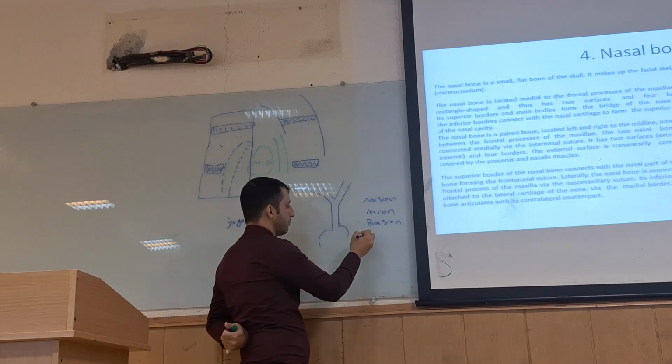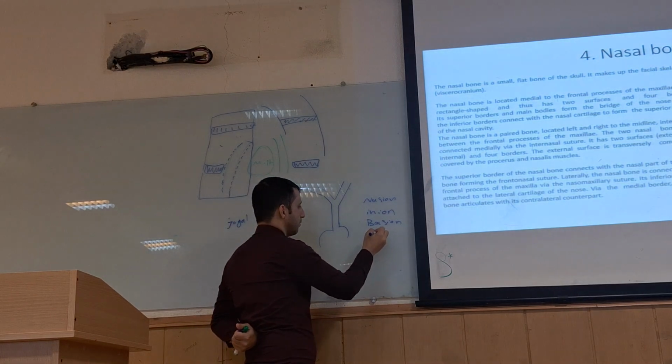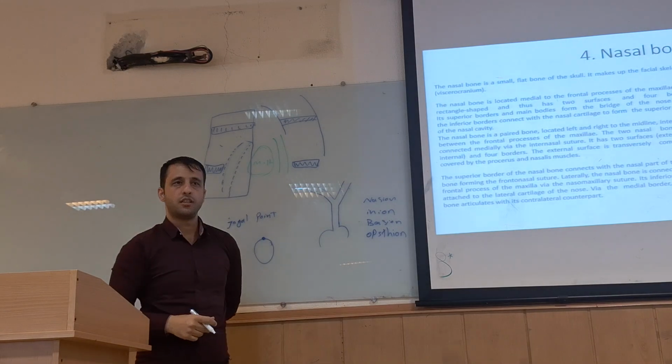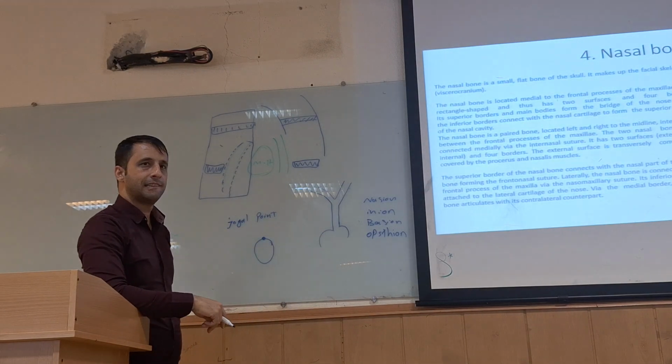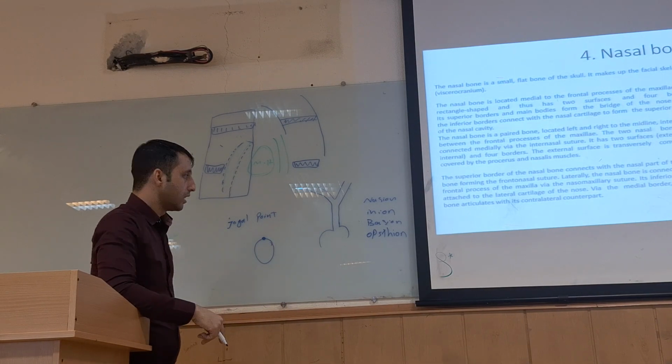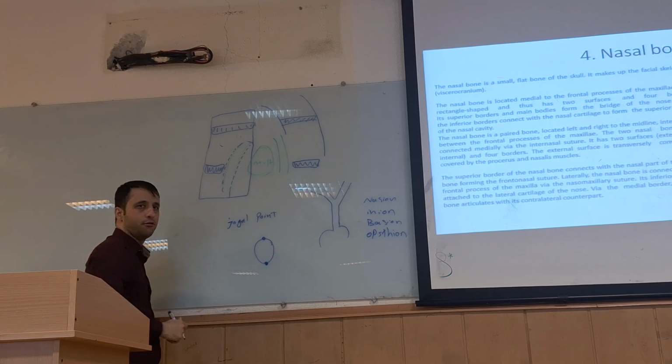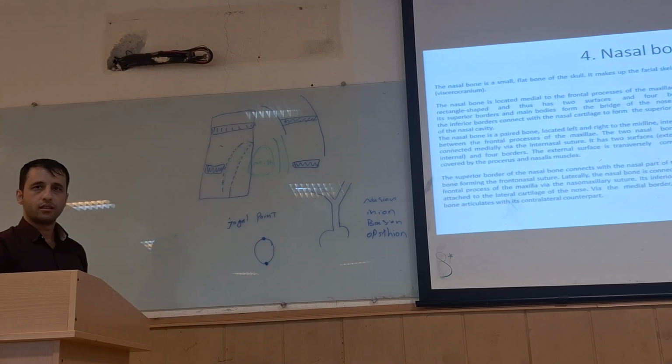What is opisthion? Opisthion is the posterior border of the foramen magnum. Okay?